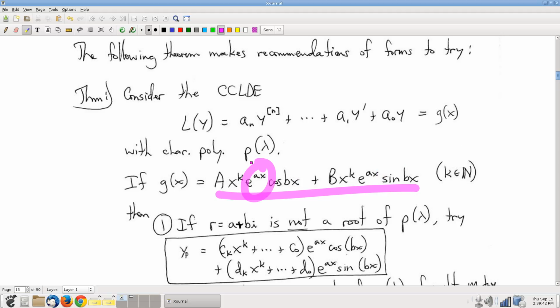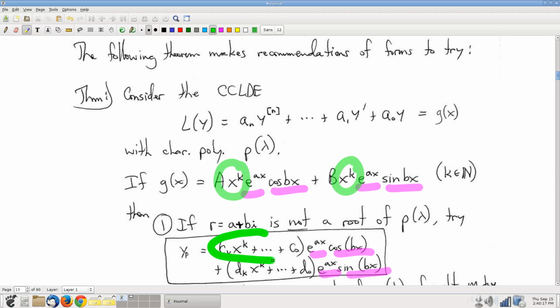When you take derivatives of exponentials, you get the same exponential, with a different constant out front, of course, but you get the same form. The only thing that really changes is that when you take a derivative of a monomial, you still get a monomial, but of degree 1 less. So exponential times cosine, exponential times sine, all that stays the same. The only thing that changes is that these powers of x might become lower powers of x.